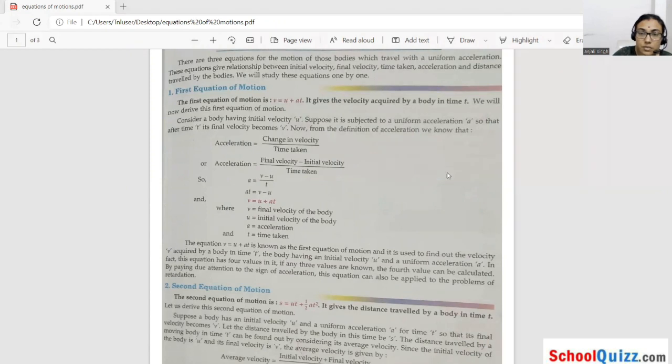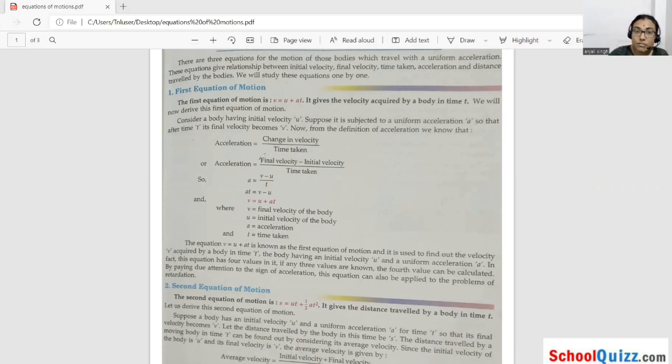Now again, acceleration. Everyone knows that is about the change in velocity. Acceleration will tell you how the velocity got changed with respect to the time. So change in velocity means how the velocity got changed.